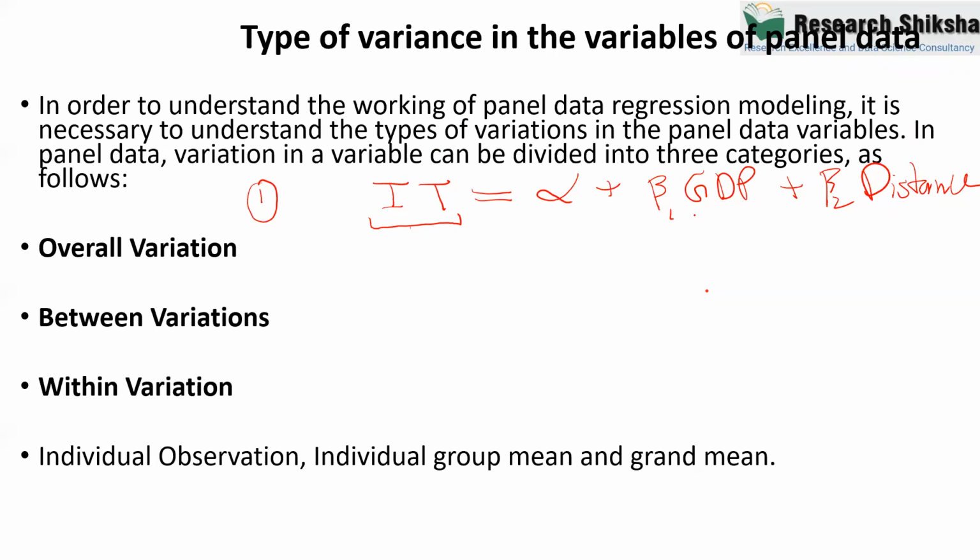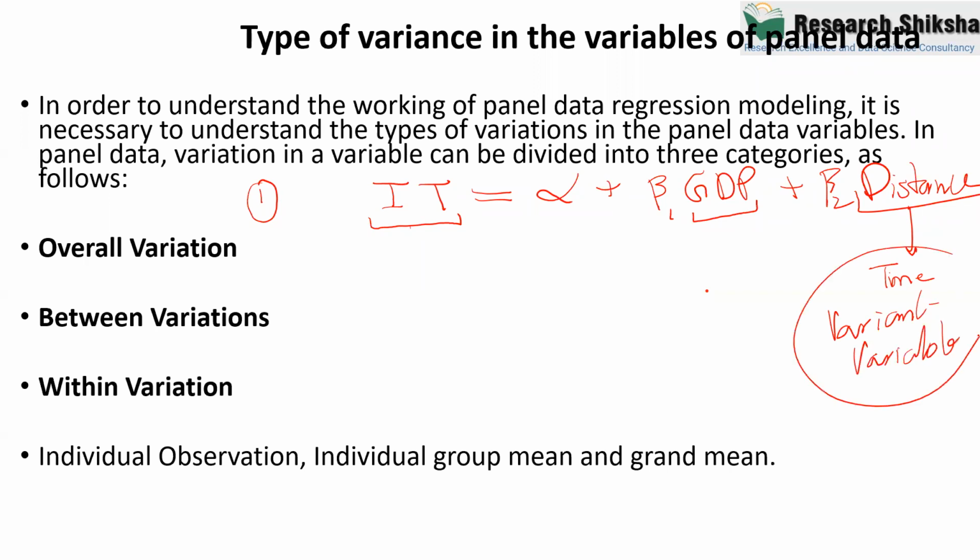GDP of different countries is different, and also different with time. But distance between two countries is always the same with time. Distance is a time invariant variable.